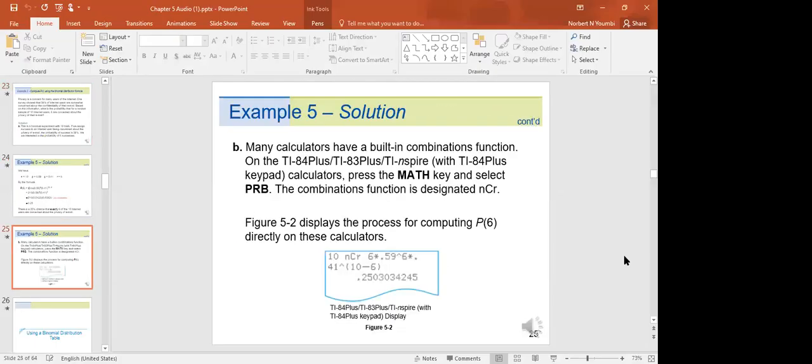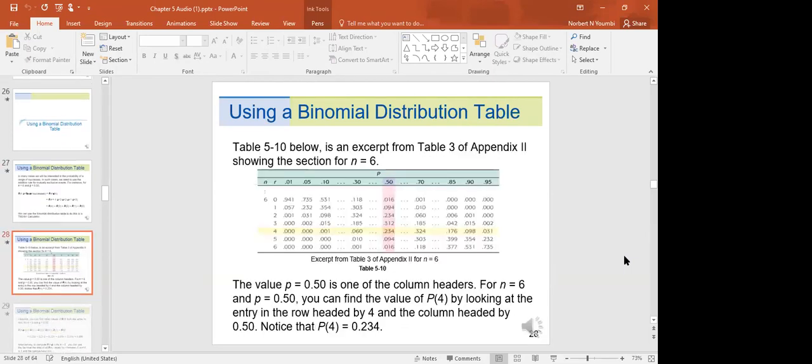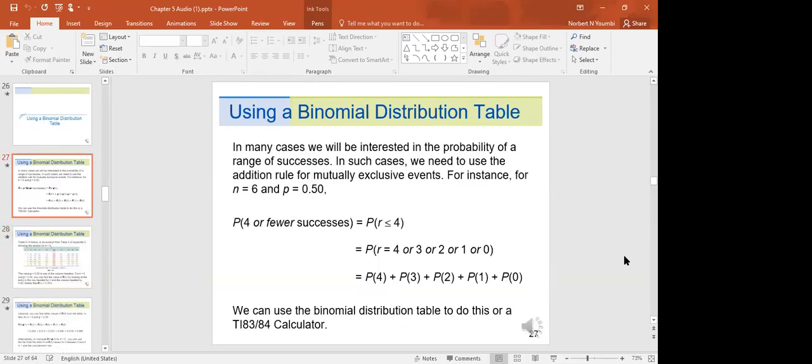Let's look at another problem. In some cases, you will want to find the cumulative distribution. Cumulative distribution is, for example, if I wanted to know the probability that 6 or less, or at most 6, are concerned with their privacy, then you will do X less than or equal. This is the cumulative distribution.